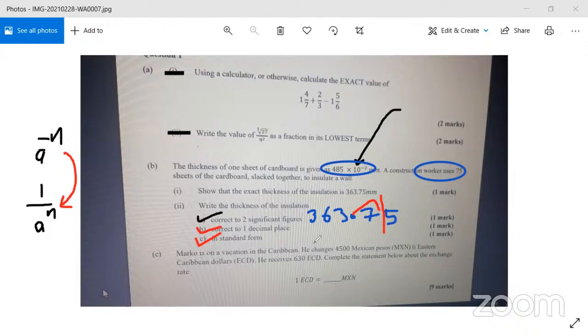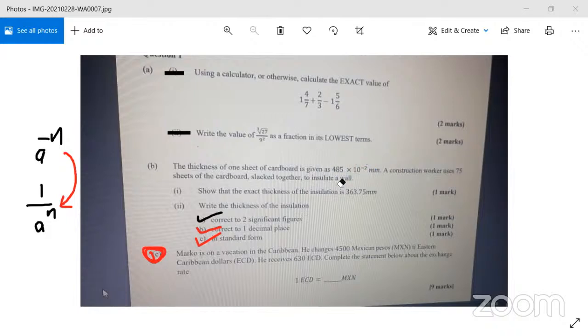Now, the thing that beats a lot of people when it comes to this question, part C, is they don't quite remember the safest way to do what you would call a rate of conversion.